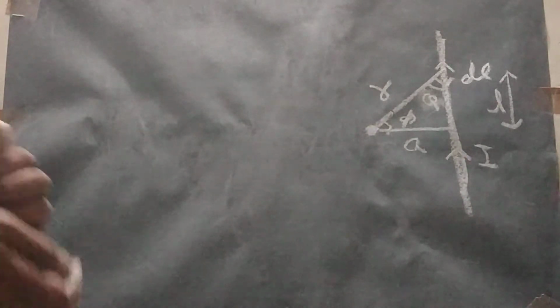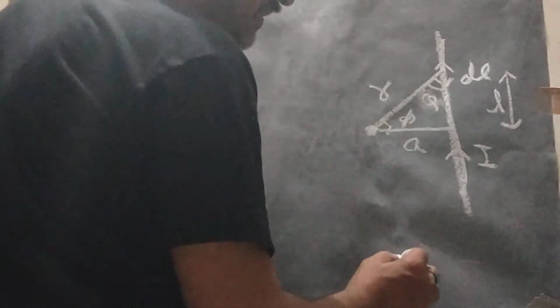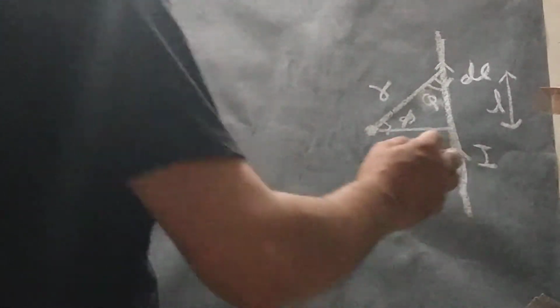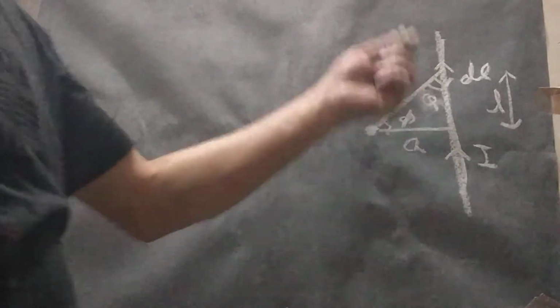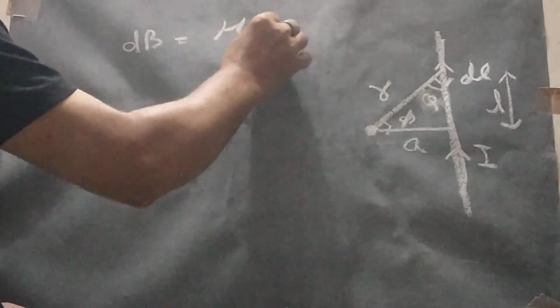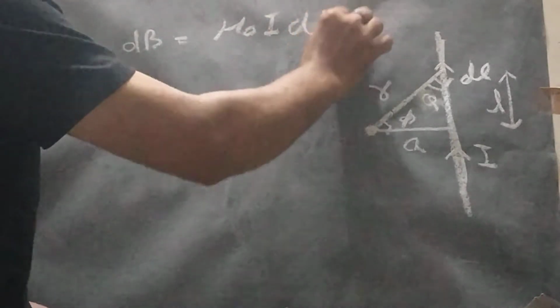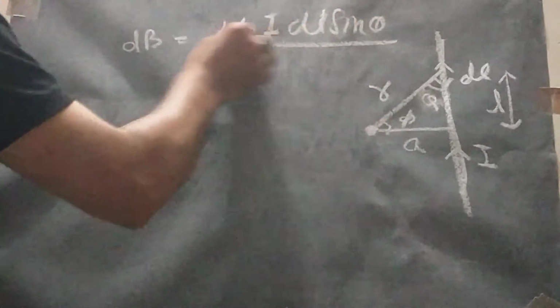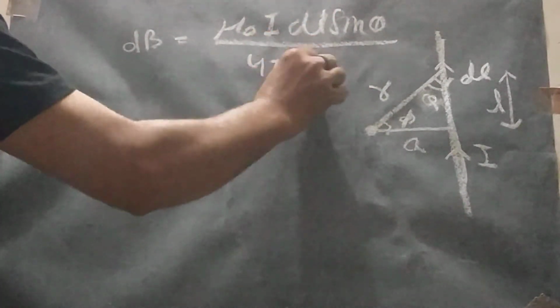Then again we have to write down some lines, like for the circular coil we write: consider a circular coil of radius a in which current I is flowing. Here, in the same way, there is a straight conductor in which current I is flowing. Then according to the Biot-Savart law, dB equals mu naught I dl sin theta upon 4 pi r square.